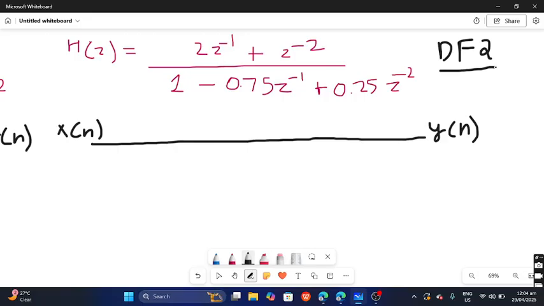In DF2 it is convenient because we get half the delays as compared to DF1.